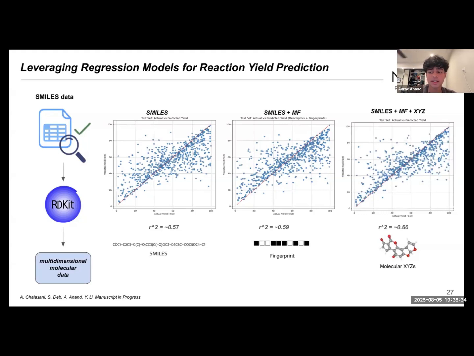We extracted three-dimensional features such as radius of gyration, moment of inertia, and interatomic distances, and we also implemented SOAP calculations for our carboxylic acid and amine data, which captures local atomic environments. However, once again, even with this much more descriptive data, we barely saw any improvement and we were stuck at an R squared score of around 0.6.